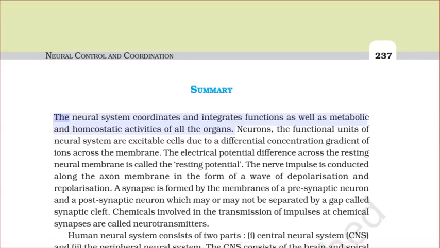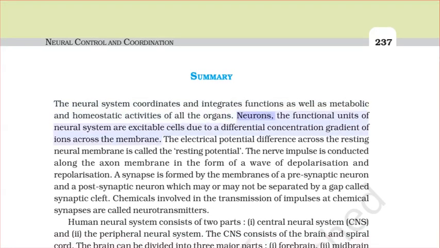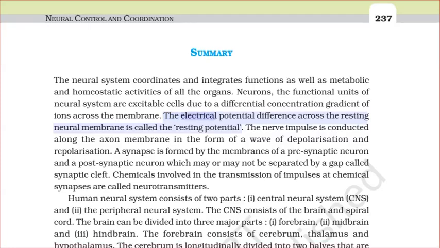Summary. The neural system coordinates and integrates functions as well as metabolic and homeostatic activities of all the organs. Neurons, the functional units of neural system, are excitable cells due to a differential concentration gradient of ions across the membrane. The electrical potential difference across the resting neural membrane is called the resting potential.